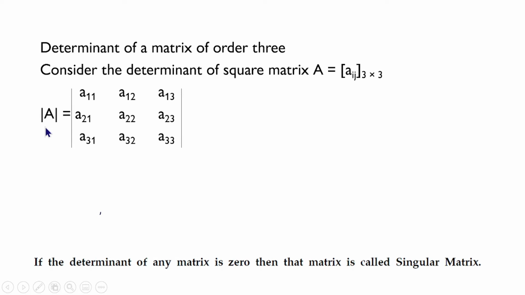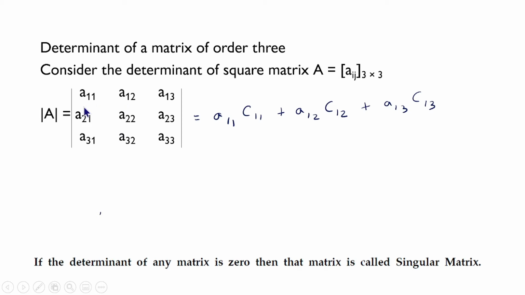So the determinant of A is equal to A11 into the cofactor of this element, which is C11, plus A12 into the cofactor of the element A12, plus A13 into the cofactor of the element A13. So this is how we can find the value of determinant of A.